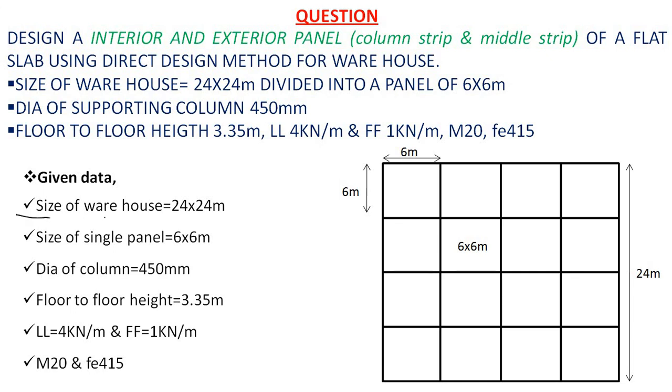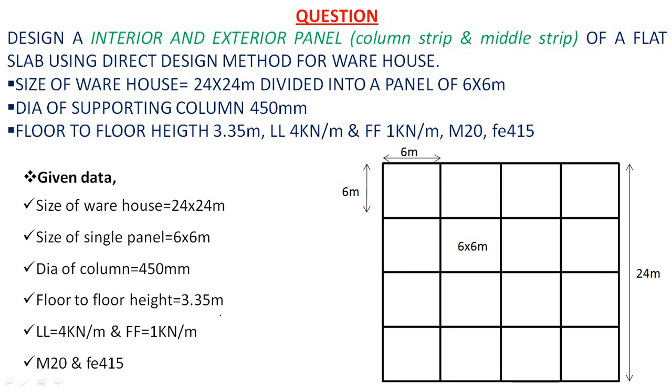So here the size of the warehouse is 24 by 24 meters, which is shown in the figure at the right hand side. The size of a single panel is 6 by 6 meters. The diameter of the supporting column is 450 mm, and the floor to floor height we have provided is 3.35 meters.